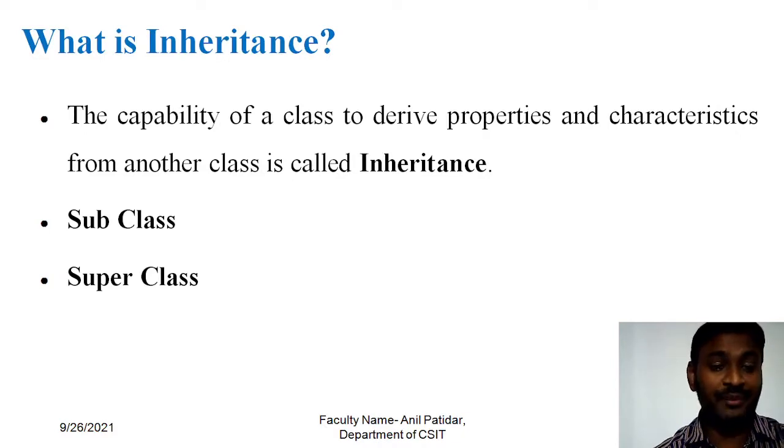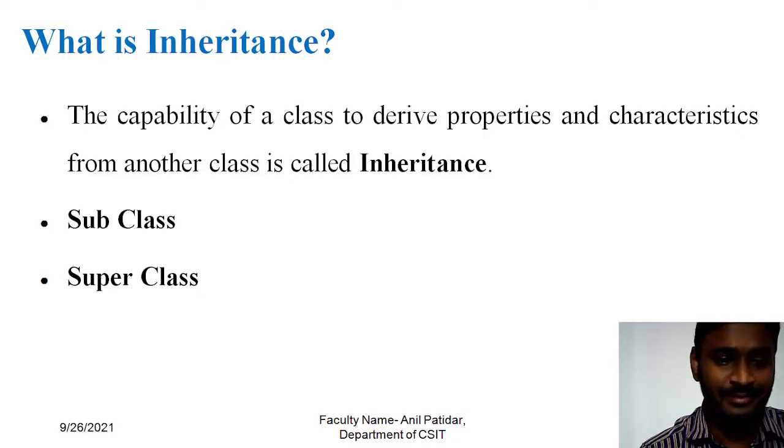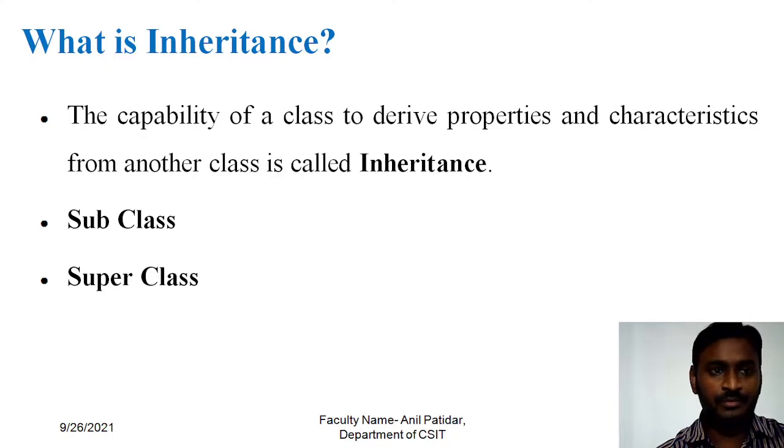Basically there are two types of classes in inheritance, subclass and superclass. Subclass is a class that inherits the properties of another class. It is also known as a derived class.